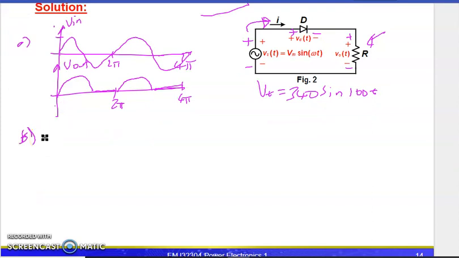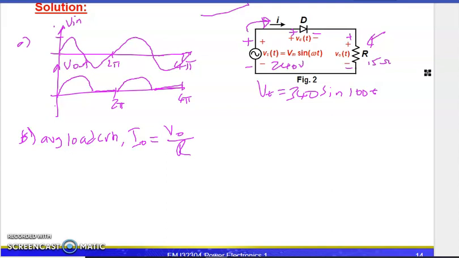Then next, number 2, B. B is what is the average load current. Average load current, which is I naught, equal to V average divided by R. But V average we have not obtained yet, and given here is only the RMS voltage and the resistive value, 15 ohm and the incoming 240 volts.